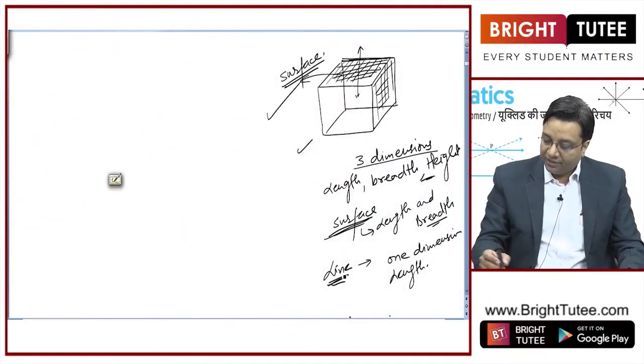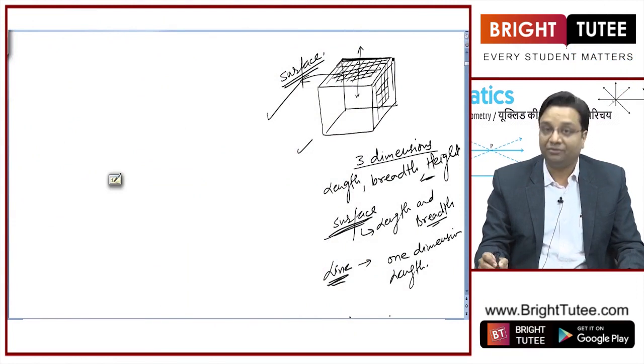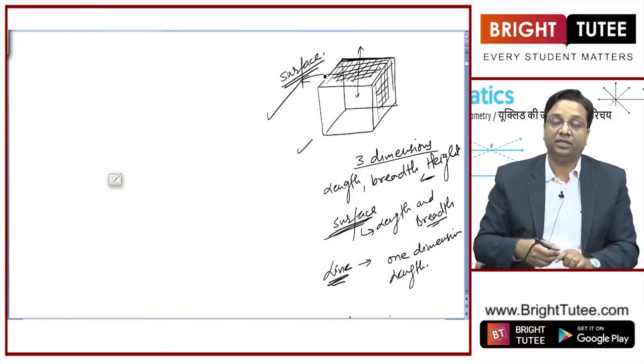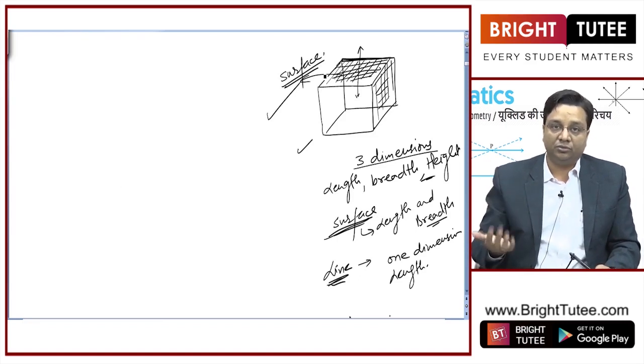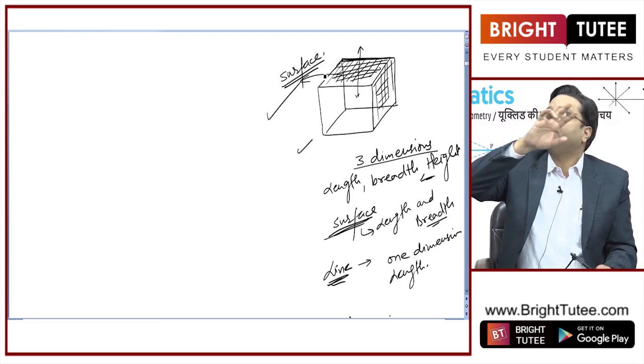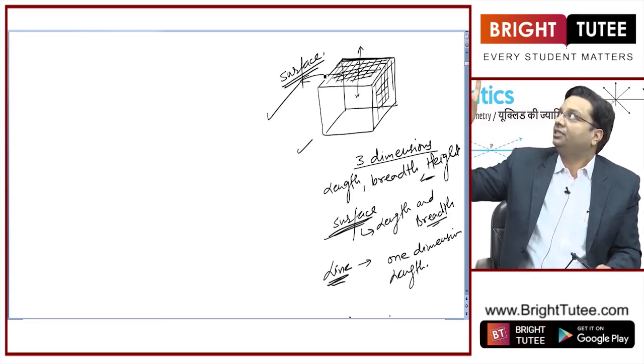So line is the boundary of this surface, okay, or edge of this surface. If you look around in the room you are sitting in, it is the meeting point of 2 surfaces, okay, where the 2 surfaces are meeting.